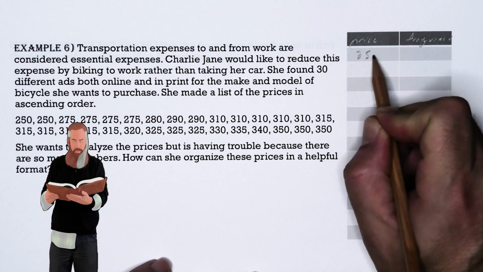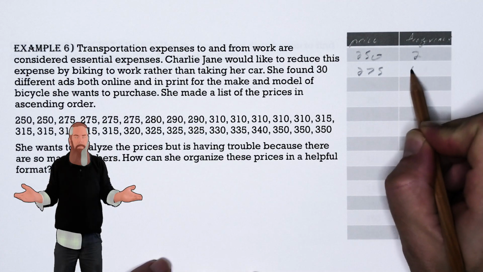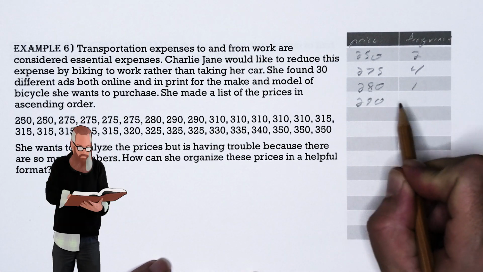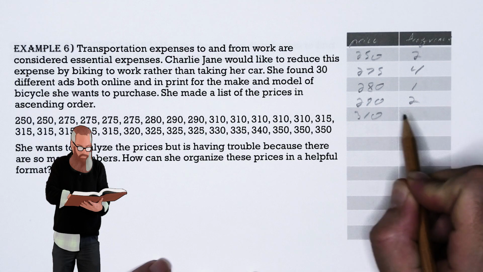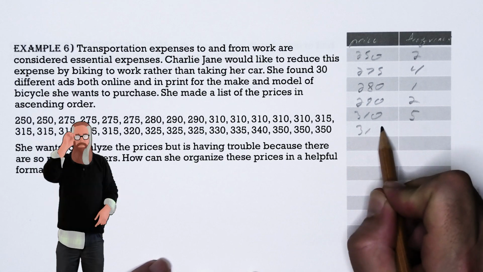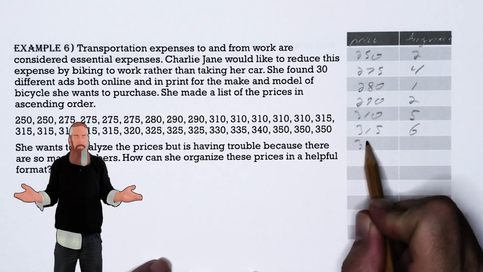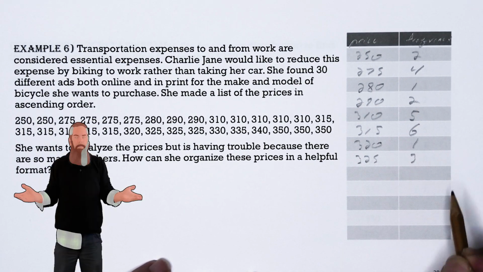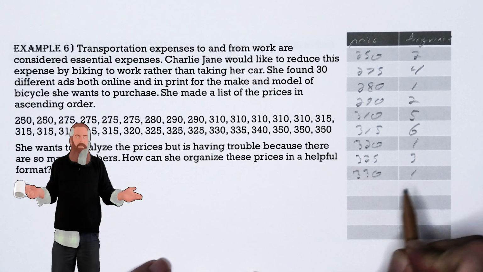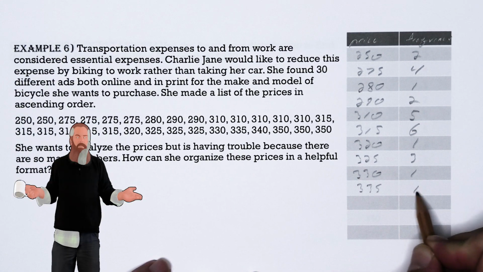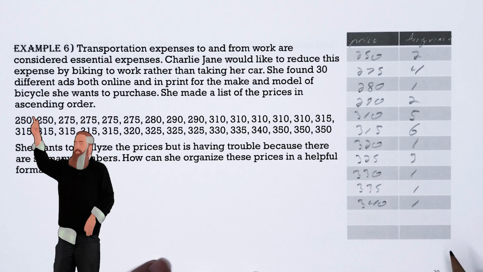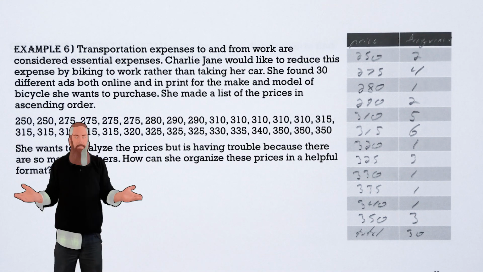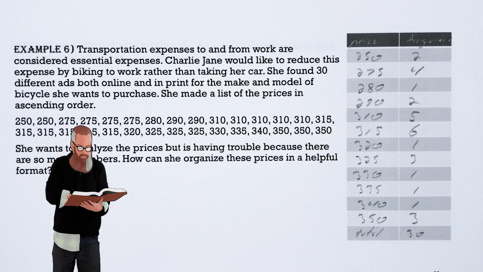So 250 appears twice. 275 appears 4 times, 280 only once, 290 appears twice, 310 appears 5 times, 315 appears 6 times, 320 appears once, 325 appears 3 times, 330 appears once, 335 appears once, 340 appears once, and 350 appears 3 times.